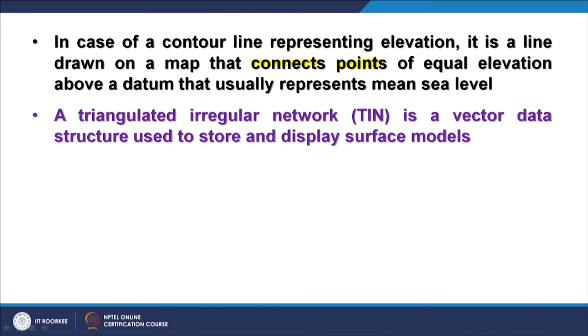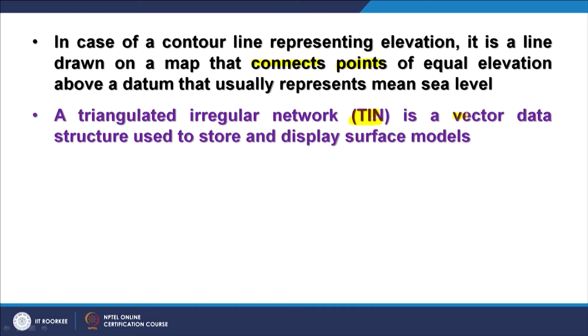Now, there is another surface which we have discussed. One surface representation is possible from vector, that is employing contour lines. One surface representation is from raster, that is a typical digital elevation model, and the third type of surface representation is possible employing the TIN.